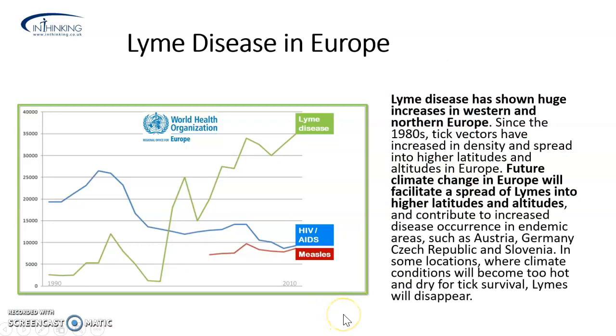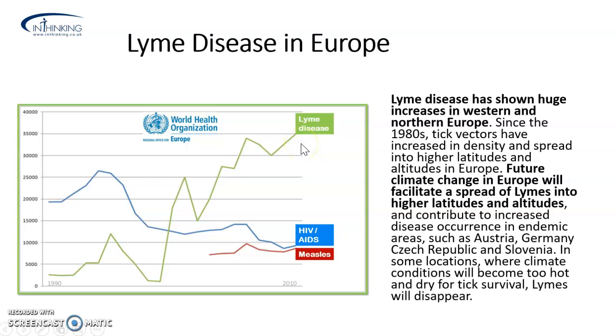But it's not just tropical regions which are facing vector-borne diseases. So this graph shows the increase in Lyme disease in Europe, and you see a really quite stark, rapid rise. Of course, there are some seasonal shifts, some changes in patterns, but we see this trend line of rapidly rising Lyme disease.